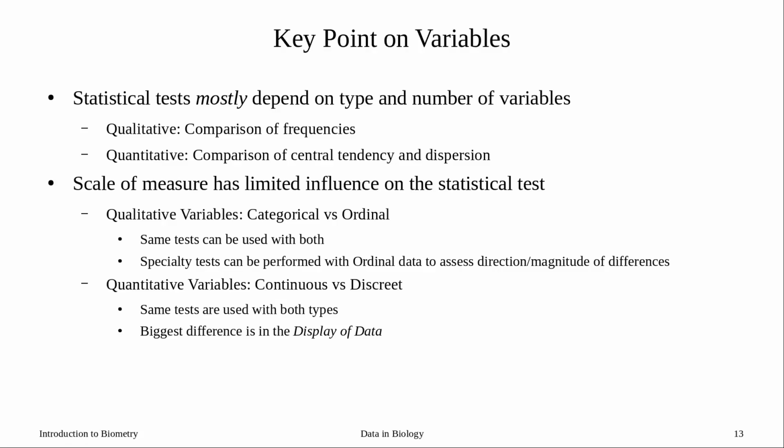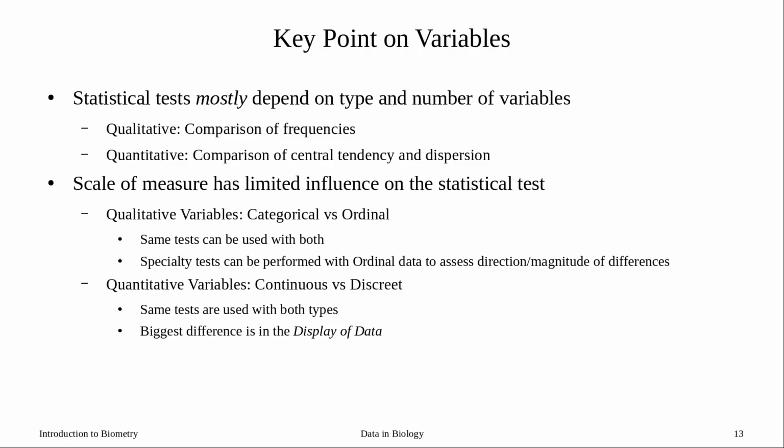Likewise, with our quantitative variables, we can do comparisons of central tendency and dispersion. So we can compare means, we can compare medians, we can compare variances. We can't do that with qualitative data. And then what specific tests, so T-tests, ANOVAs, Cochran-Mantel tests, etc., all kind of comes down to how many of the variables do we have.